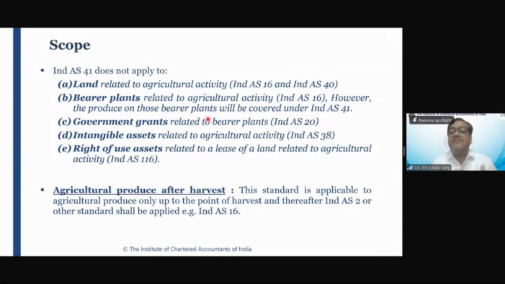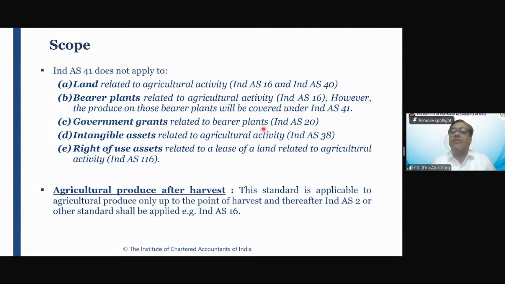So under Ind AS 41, what is covered? Non-bearer plants are covered under Ind AS 41. For example, tomato. A tomato plant provides tomatoes only in one season, or less than 1 year. So these are covered, but bearer plants are not covered under Ind AS 41. But the agriculture produce on such bearer plants, for example, apple, coconut, tea leaves, coffee leaves, rubber, these agriculture produce are covered under Ind AS 41.